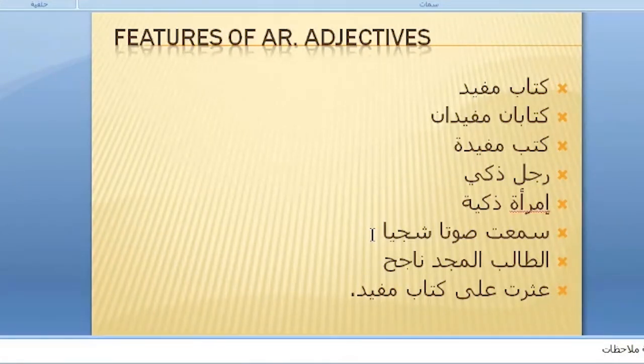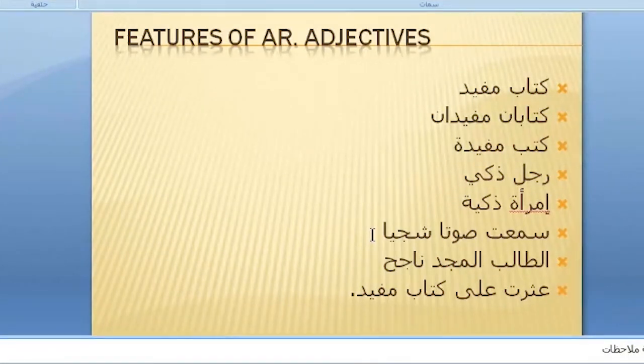Now, what is the difference? The difference is that the Arabic adjective assumes, يعني تتقمص, the role of the noun preceding it, اللي يسبقها. Now, الطالب المجد ناجح. طبعا المجد هي أصلا صفة.